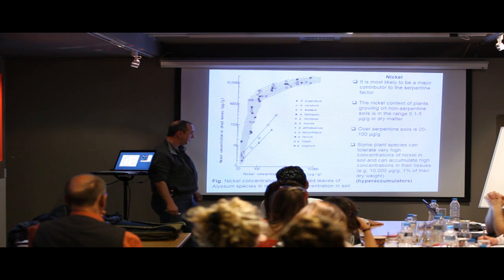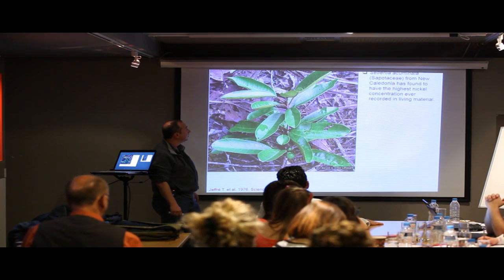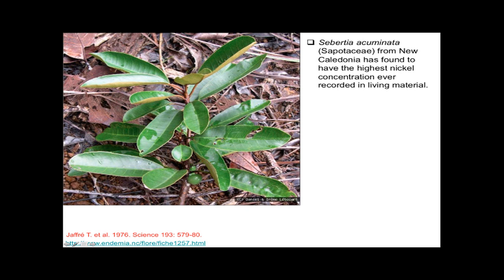We will see these plants later on. One good example of a hyperaccumulator is this plant, Serpentine acuminata. It is a plant found in New Caledonia. It is the plant having the highest nickel concentration ever recorded in living material.